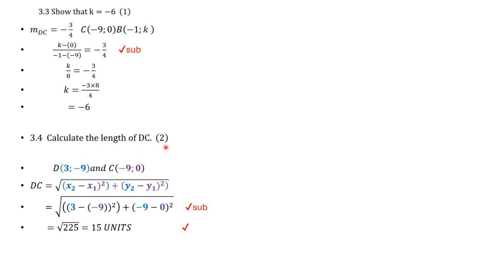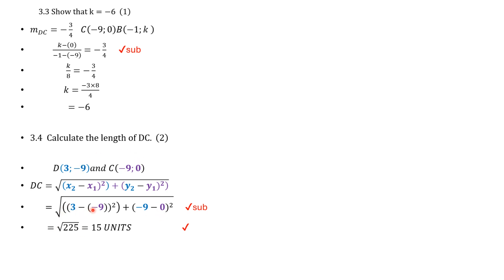Right, now calculate the length of DC. So it's straightforward. We still remember T is (3, -9), C is (-9, 0). Using the distance formula, TC equals the square root of (x2 minus x1) all squared plus (y2 minus y1) all squared. So from here my x values are 3 and -9, and -9 and 0 for my y values.